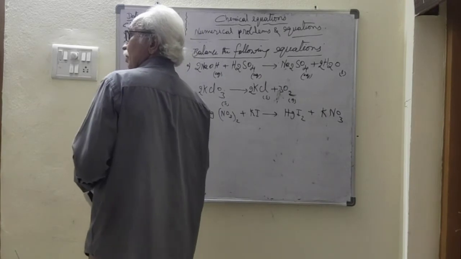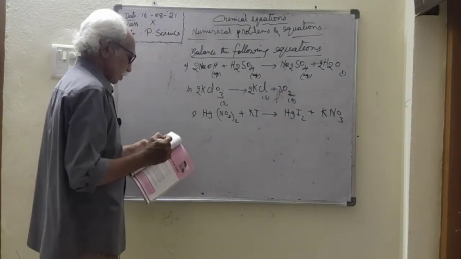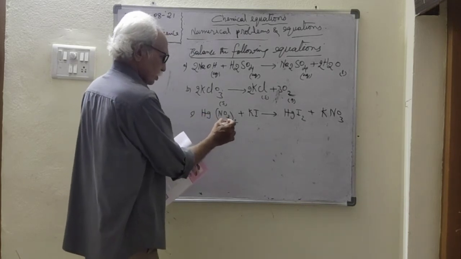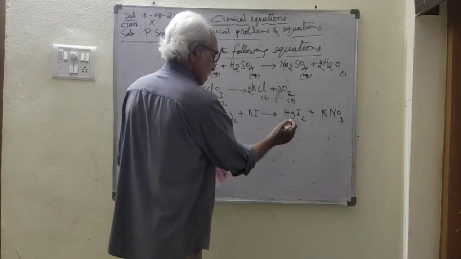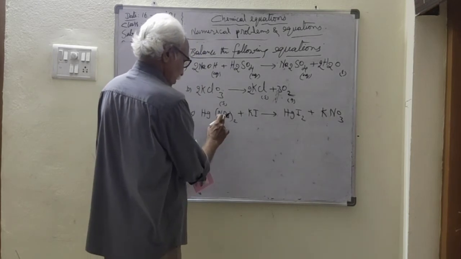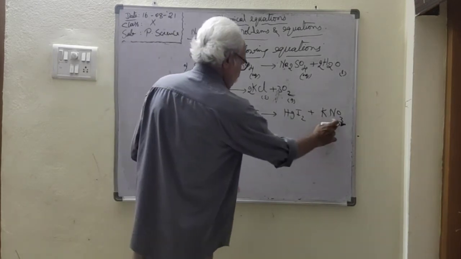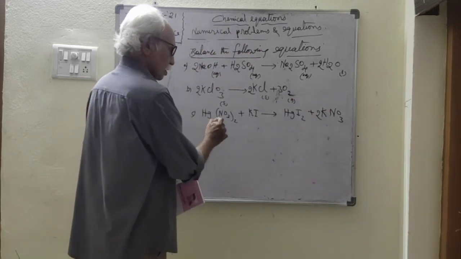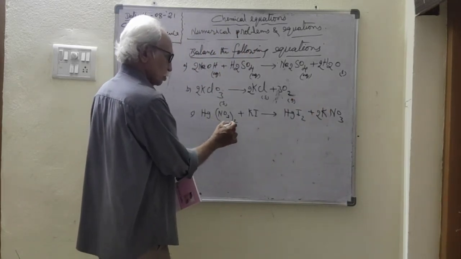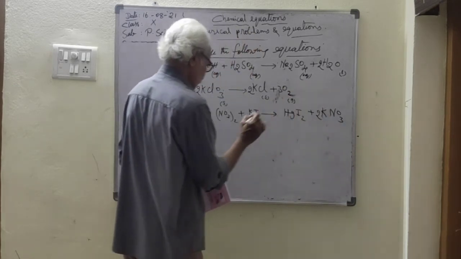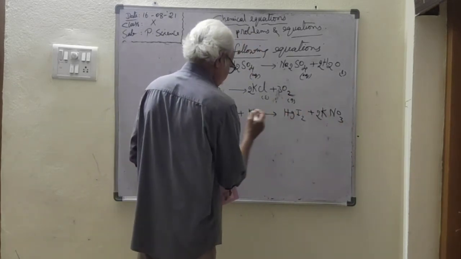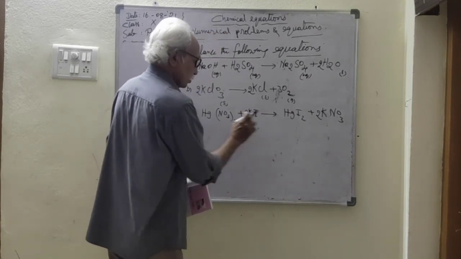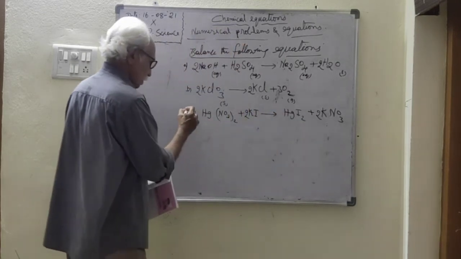So here, Hg(NO3)2 has nitrate taken twice, oxygen 6, here oxygen is 3. So multiply with 2. Now oxygen is balanced. Now nitrogen is 2, here nitrogen is 2, balanced. Next, potassium is 2, here potassium is 1, multiply by 2. Now iodine is 2, mercury is 1. So it is a balanced equation.